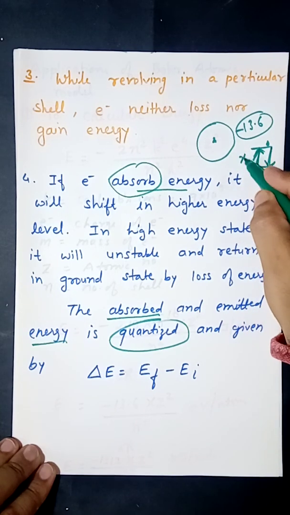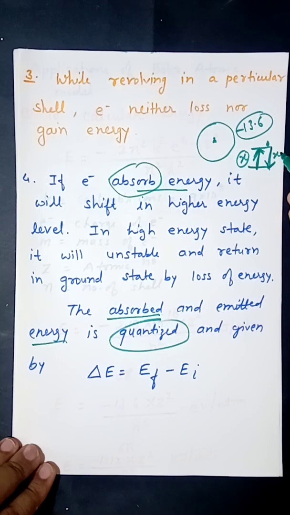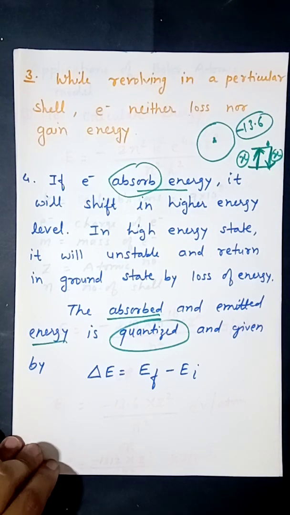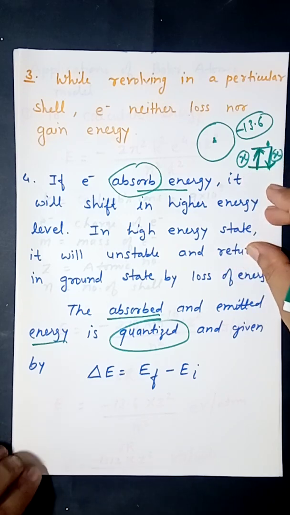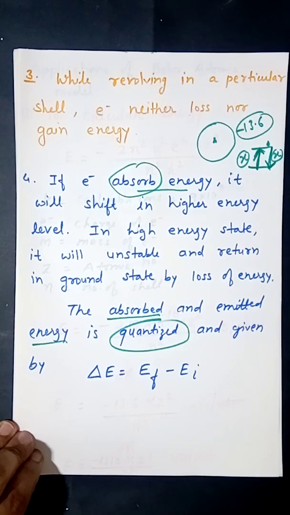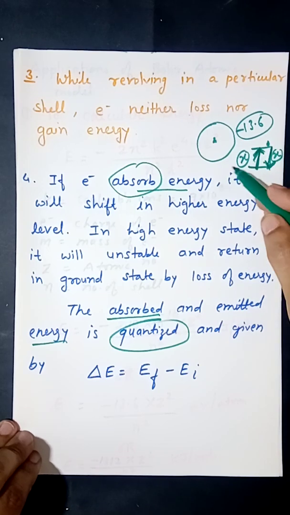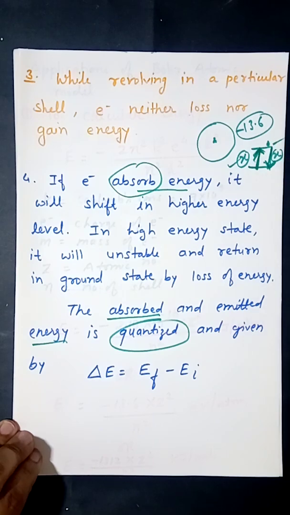If it absorbs x joule here, it will release the same x joule here. This is the meaning of quantized energy, and this is a confirmation that the energy of each and every shell is constant. Otherwise the values of these two would be different. When the electron jumps and returns, if the energy of the shell changed, then the value of this would also change.